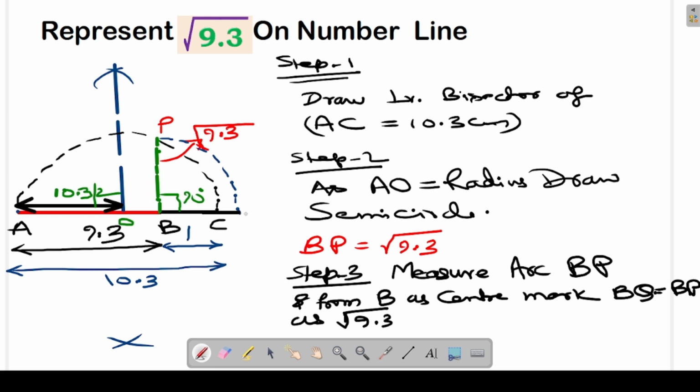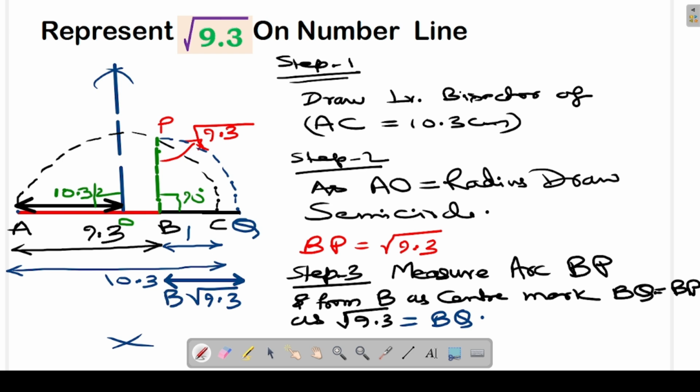So BQ is equal to root over 9.3, because you can say BPQ is a sector, and BP and BQ are the two radii of that sector, right? Perfectly fine. Whose center is B, and the arc PQ is subtending an angle of 90 degrees at the center, that is B, right? So BQ is root over 9.3.